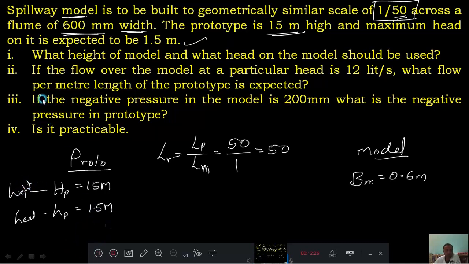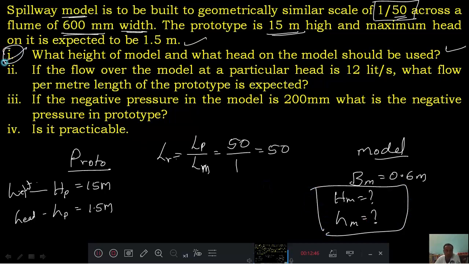In the first question they have asked what height of model and what head on the model should be used. They are just asking these two parameters, means they are asking Hm is equal to what and small hm is equal to what. These two we want in the first bit. First we'll solve that and we'll go to the next one. Very easy. This is also length parameter, this is also length parameter, and we have a length ratio 50.